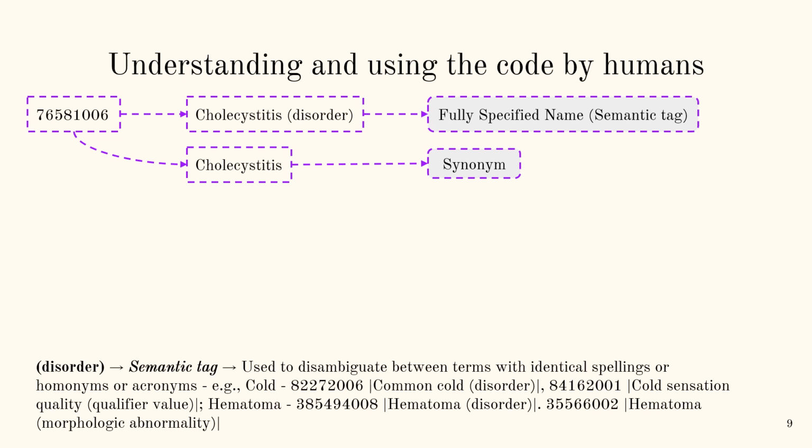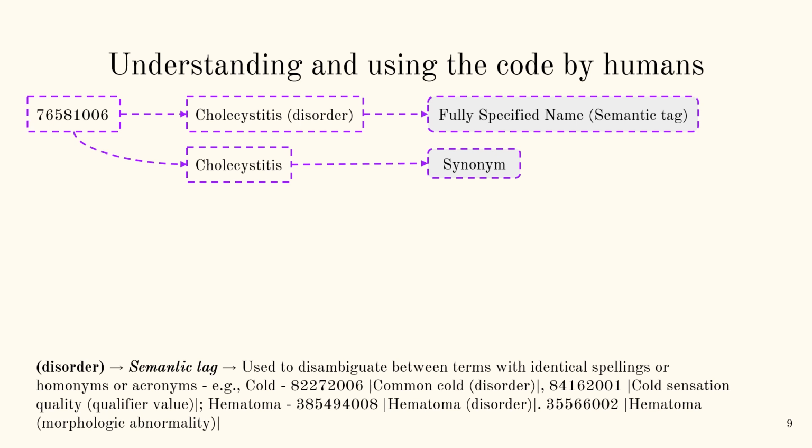The rule is that the term must mean that meaning which is pointed to by that identifier, which in this case, as far as the human is concerned, is cholecystitis. So anything that means cholecystitis, which is a disorder, you can write that name and safely attach it to this number, and the machine would be able to interpret it without any problem.